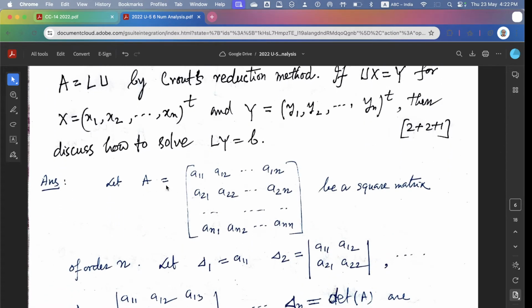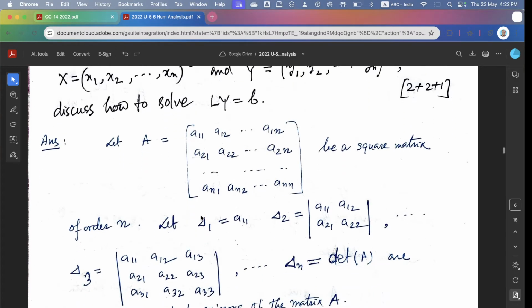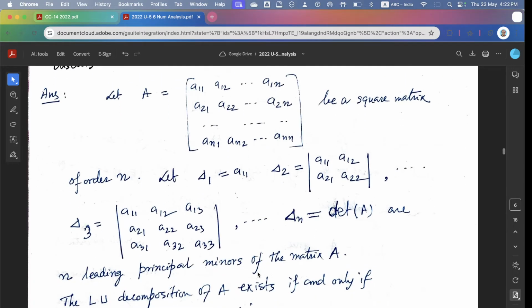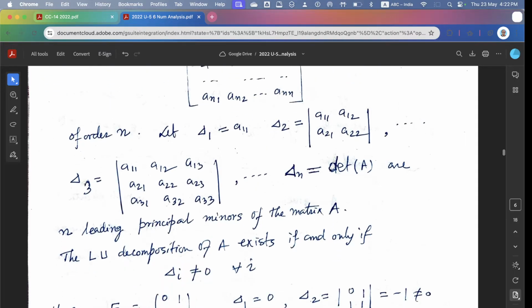Now first, A is the Aij, n by n real square matrix of order n, and delta 1, delta 2 are the principal minors. So delta 1 is the first order principal minor, delta 2 the second order principal minor, the determinant of a11, a12, a21, a22, and delta n is the determinant of A. These are the n leading principal minors of the matrix A. The LU decomposition of A exists if and only if all these leading principal minors are not equal to 0.